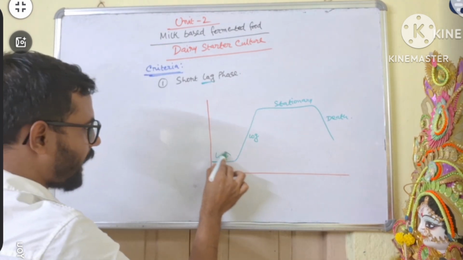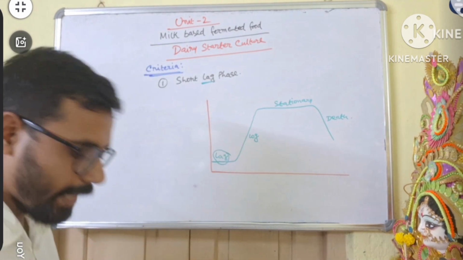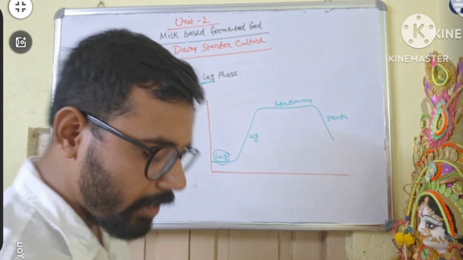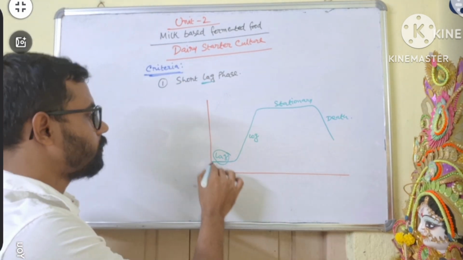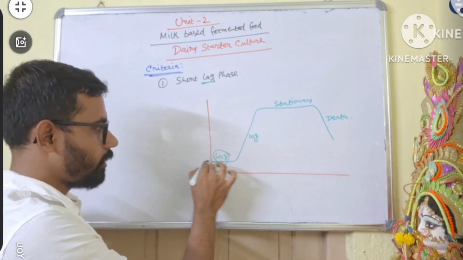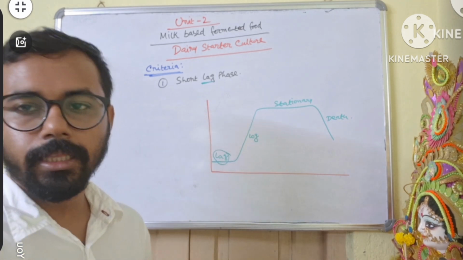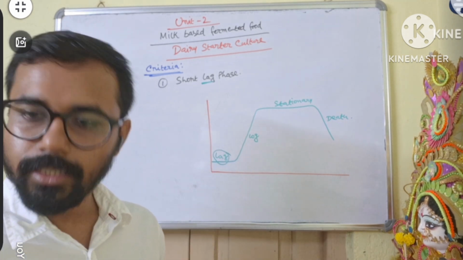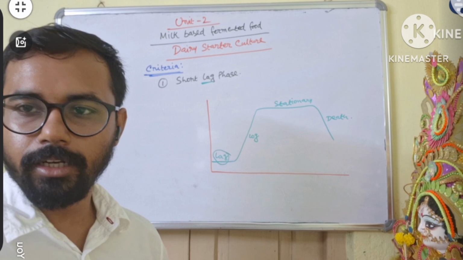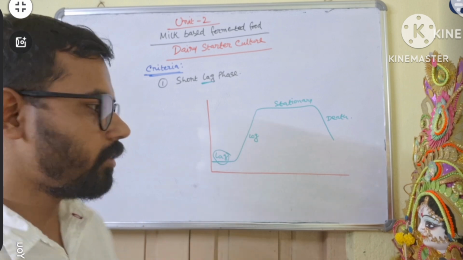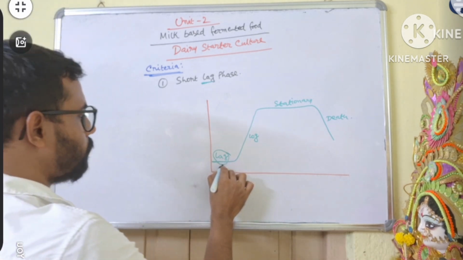The lag phase should be shorter, because in the lag phase there is no increase in cell number. See, the graph is not inclined. It is static. In the lag phase, bacteria just habituate to the medium. This is the period of the lag phase.